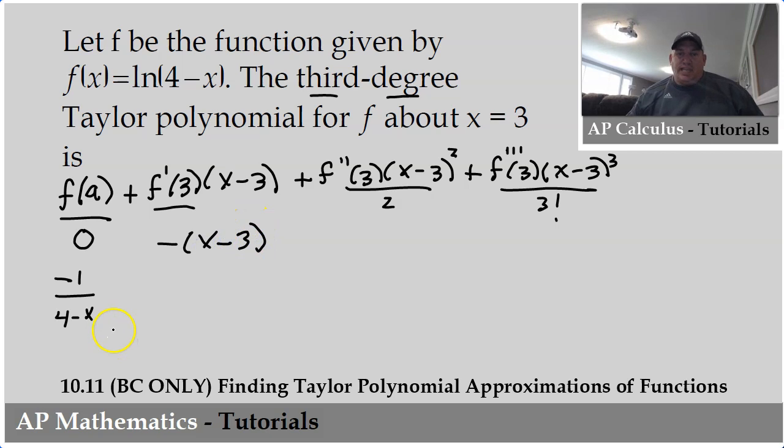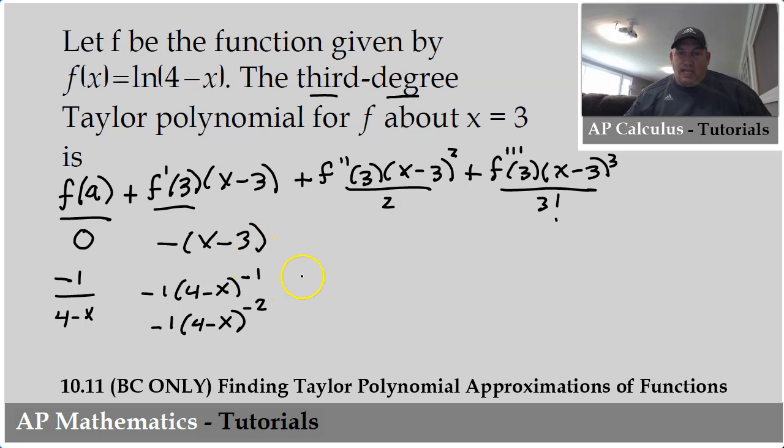We need to now take the second derivative at 3. And so before we do that, we're going to rewrite this as negative 1 times 4 minus x to the negative first power, so we can avoid the quotient rule. And when I differentiate this piece, I get a 1 on the outside of 4 minus x to the negative 2, and then chain rule says multiply by negative again. So when I put a 3 in, I'm going to get another negative.